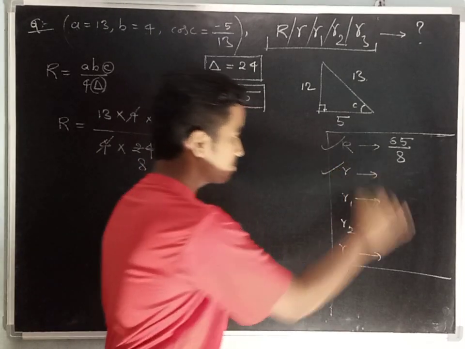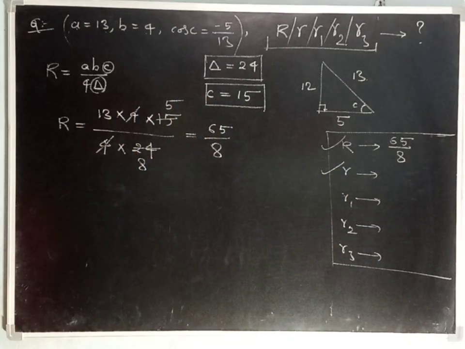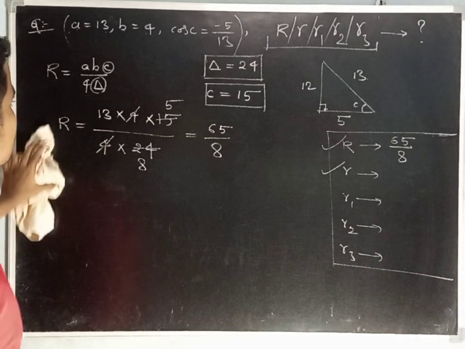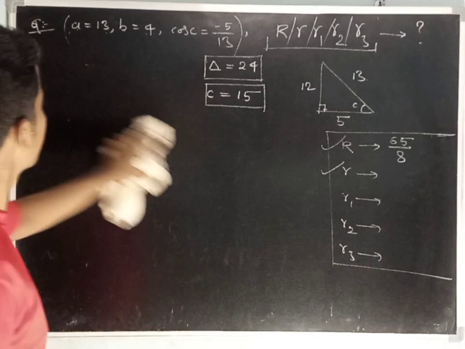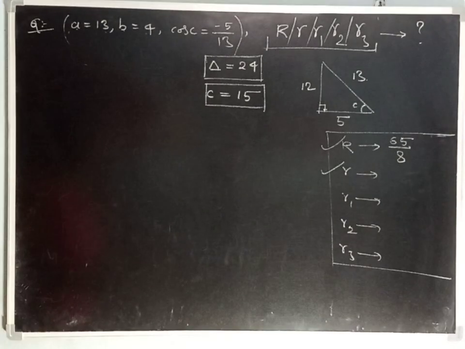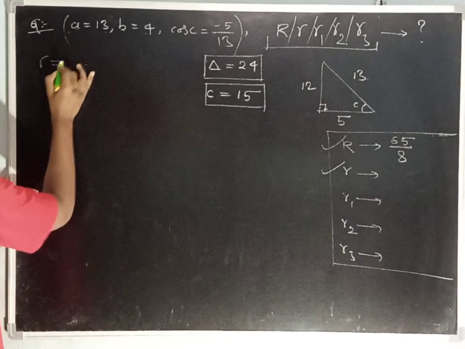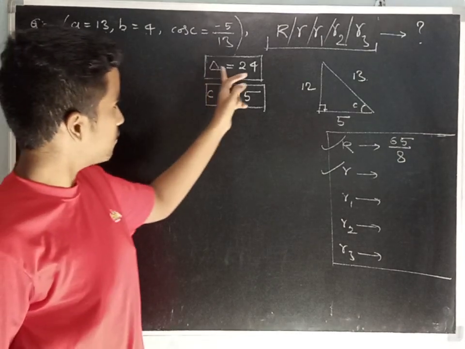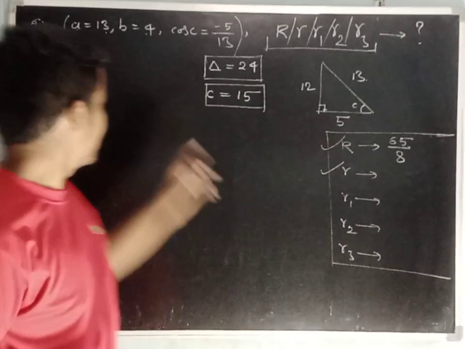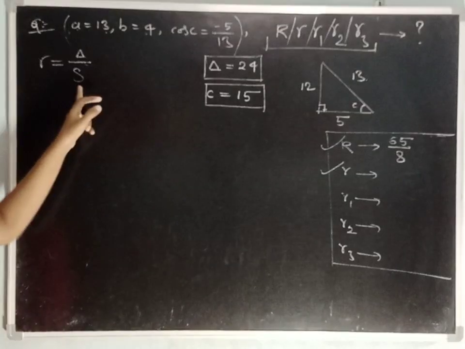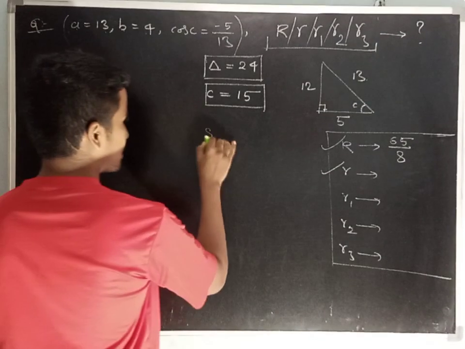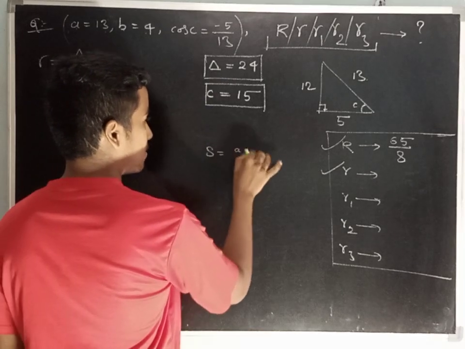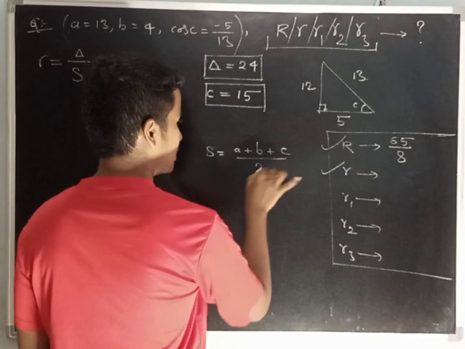Let's move to small r. Small r is equal to delta by s. We have got the value of delta, which is 24, but we don't have the parameter s. S is nothing but the semi-perimeter, s is equal to a plus b plus c by 2.